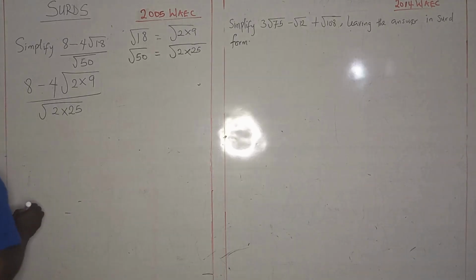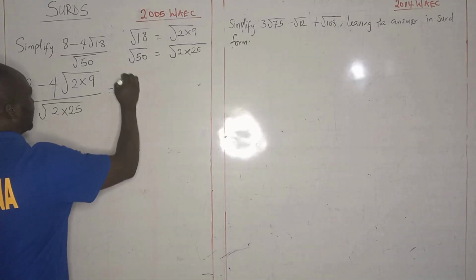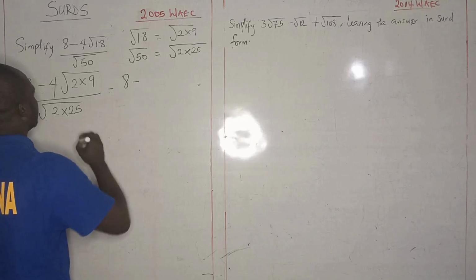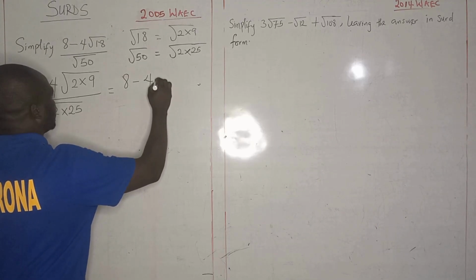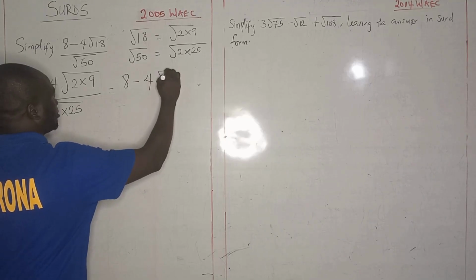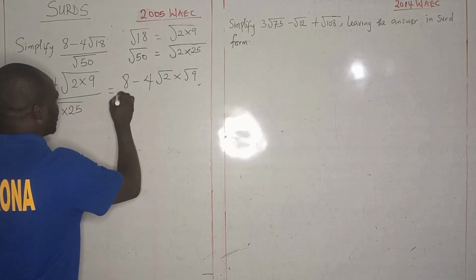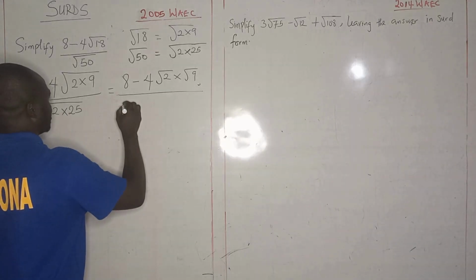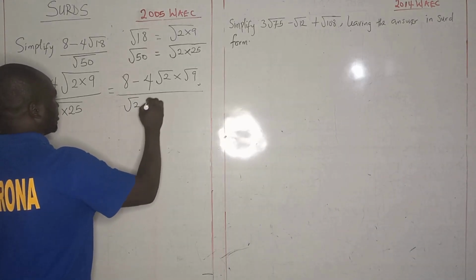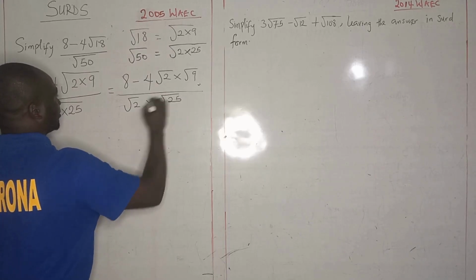Now, this is the same as 8 minus 4 root 2 times root 9 over root 2 times root 25.